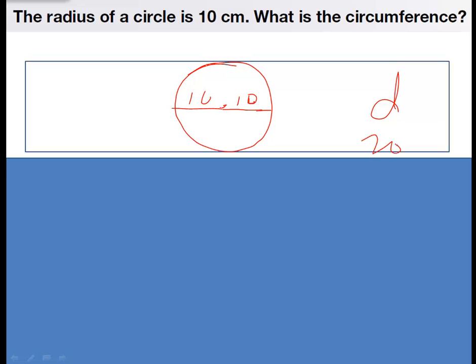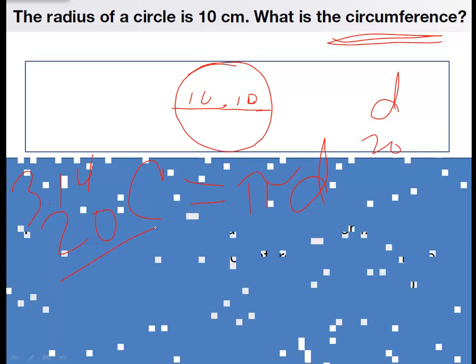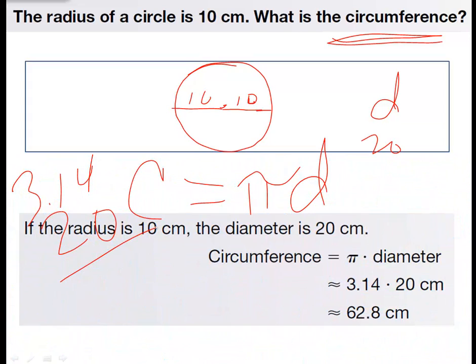And we know that circumference is equal to pi times diameter. So we know we've got the 20. So we're just going to take our 20 and multiply it by 3.14 to get our answer. And so what you've got is 62.8. So the radius of a circle is 10 centimeters. The circumference is going to be 62.8.